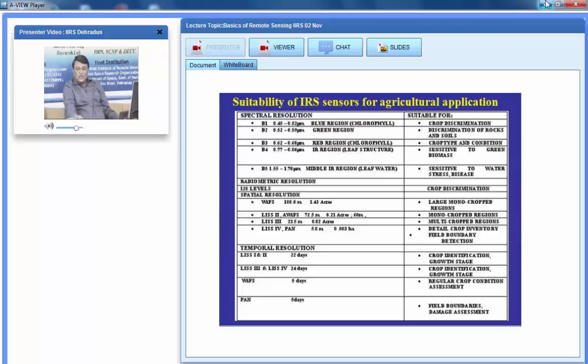But with Resourcesat-1 and Resourcesat-2, more and more new crops, jute, soybean, these different kinds of new crops are being included for regular acreage estimation with the improved spatial resolution. Particularly onion, where LISS-4 data has been widely used for onion crop inventory and other horticulture crop inventory, which have very minimum extent.